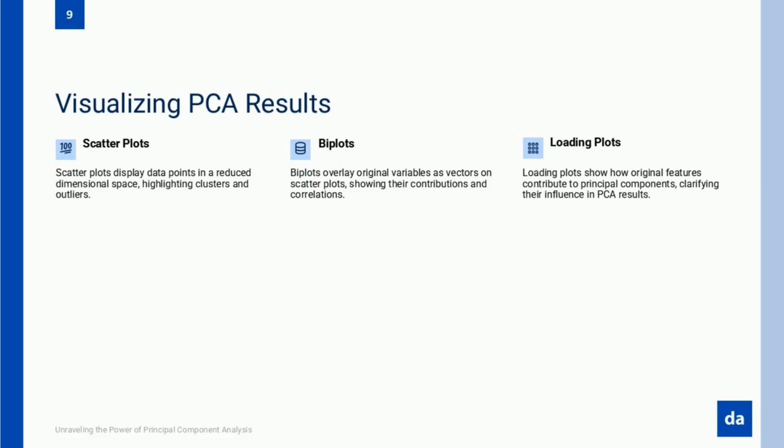Imagine trying to explain the taste spectrum we identified in our Netflix analysis using only a spreadsheet of numbers. Now contrast that with a simple scatter plot showing users clustered by preference, instantly revealing market segments. This transformation from numbers to visual patterns is where PCA truly demonstrates its power. Let's explore the visualization toolkit that makes this possible.